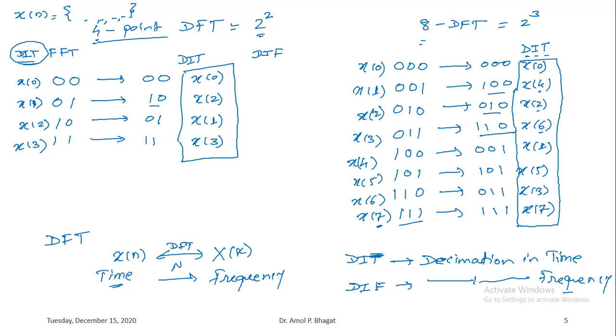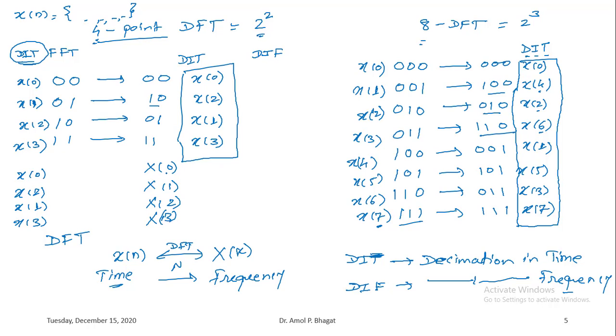So for DIT FFT, the input will be in this form, that is x of 0, x of 2, x of 1, and x of 3, but the outputs will be in sequential form: capital X of 0, capital X of 1, capital X of 2, and capital X of 3.